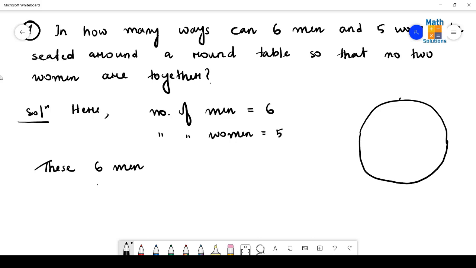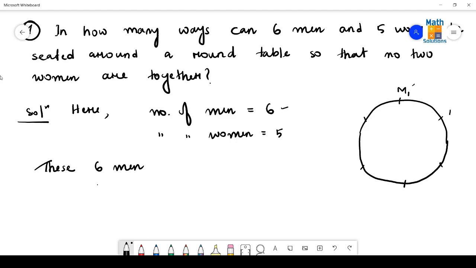So let us first consider that this is the first man and his position is to be fixed anywhere at this table. With respect to his position, when one person's position is fixed, how many men are left? 5 men are left, and in the remaining 5 positions they can be arranged.